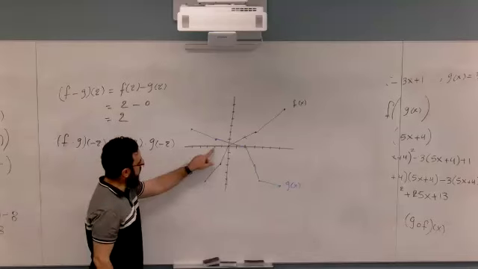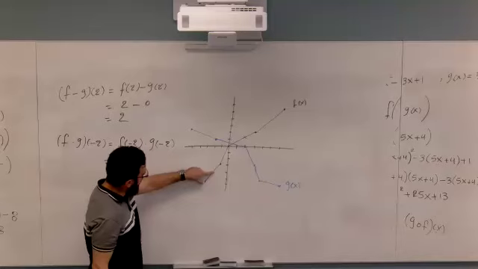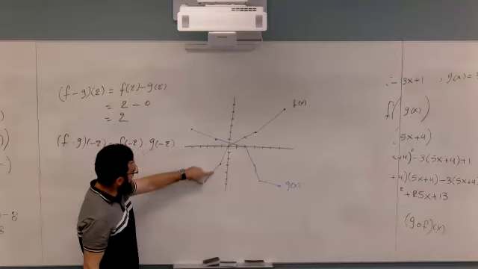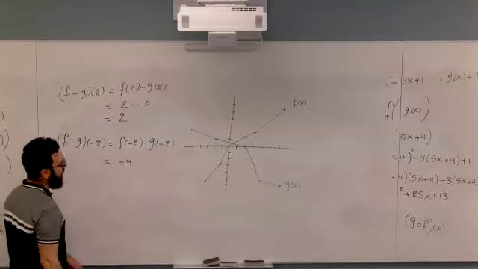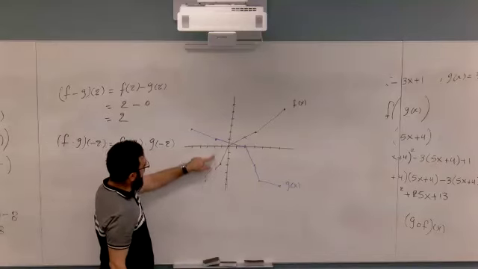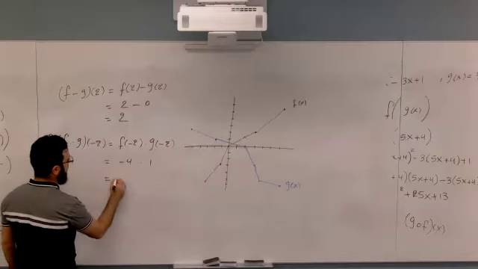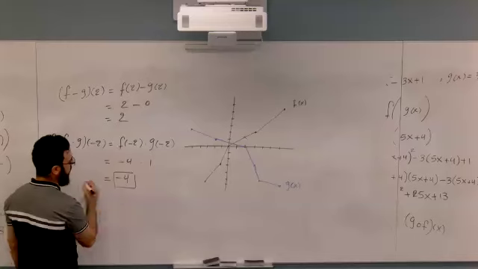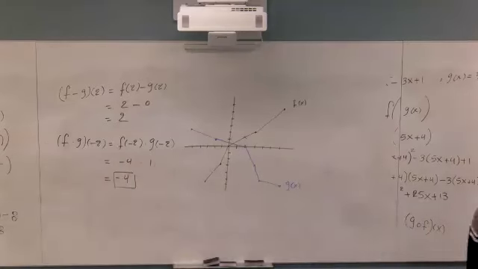Here is negative 2. How much is f? Kind of negative 4, right? Negative 4 times g of negative 2, g is 1. So how much is the result? Negative 4. Get the idea how to solve it? It's easier than what we did in the previous thing, because everything exists on the graph. Okay?